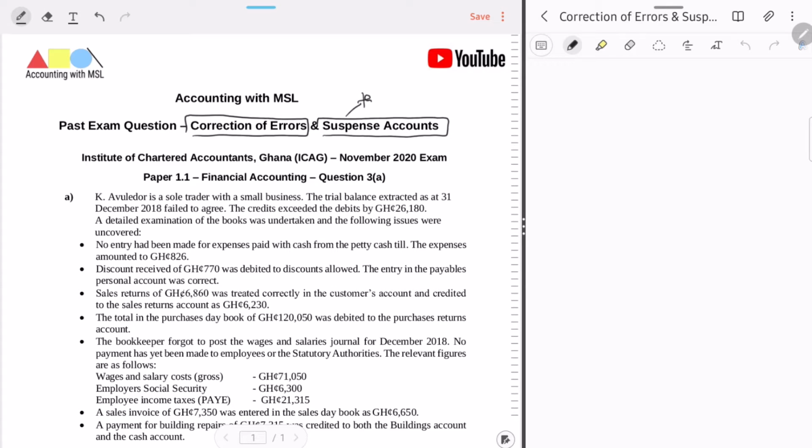Their purpose is, because the name is suspense, we suspend certain balances in that account whilst we undertake investigation. So the purpose of the suspense account is to suspend certain transactions there as we investigate what is causing the errors. So we'll talk about correction of errors and we'll talk about suspense accounts.